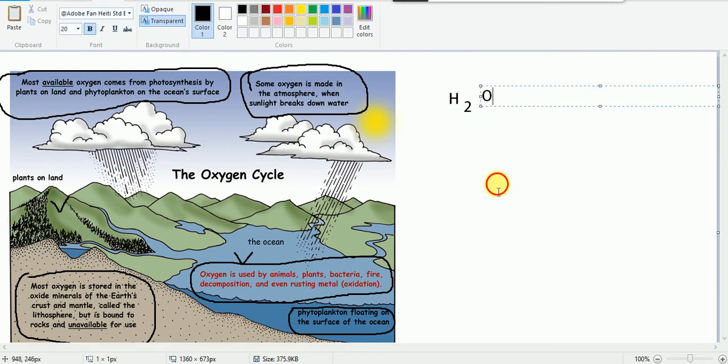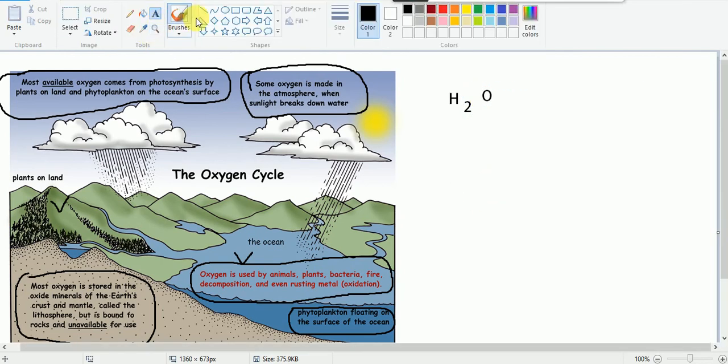So when this water is broken down, oxygen is also released. So in this way we have a cycle in the atmosphere.